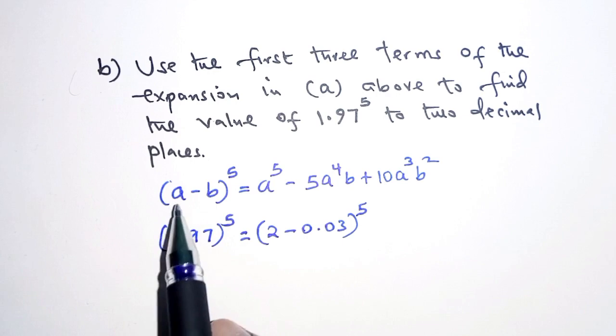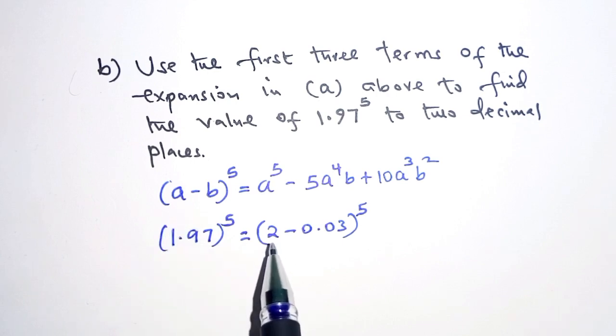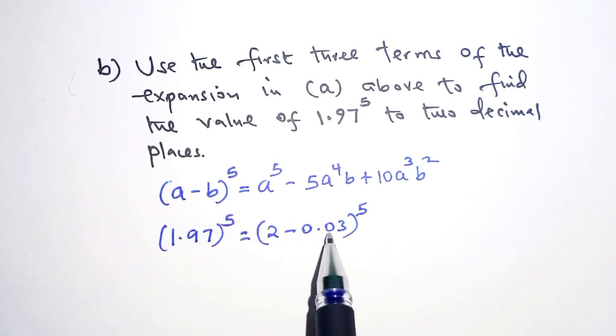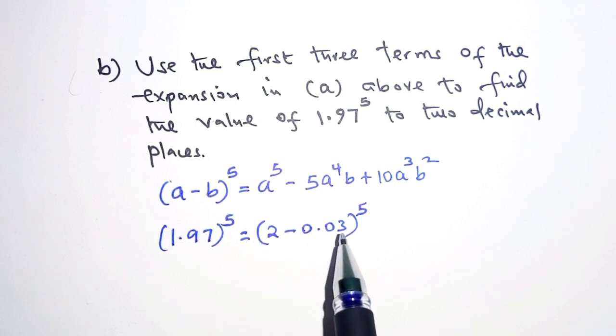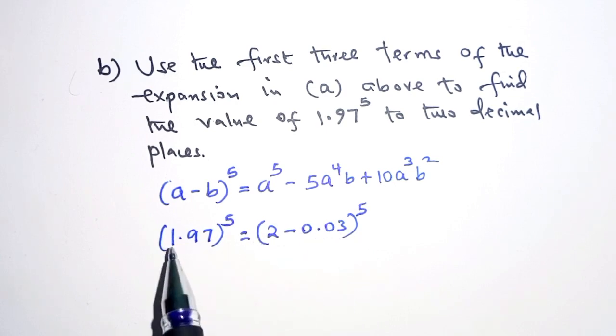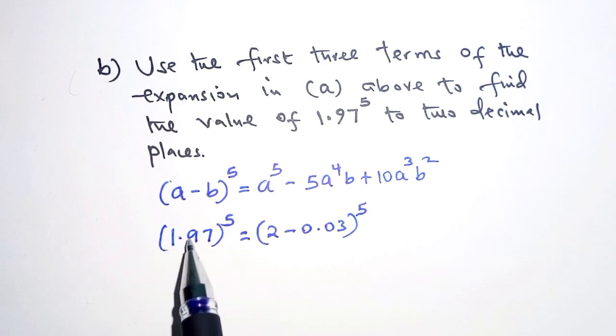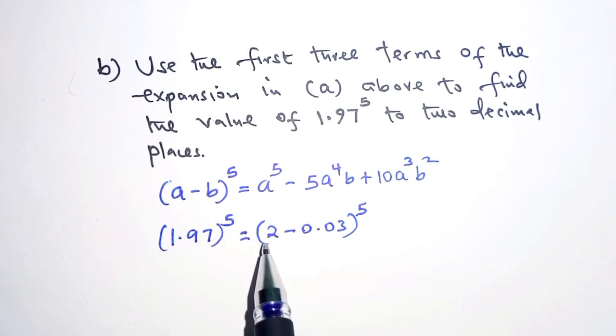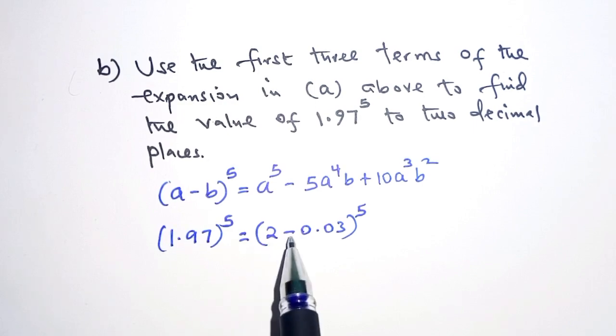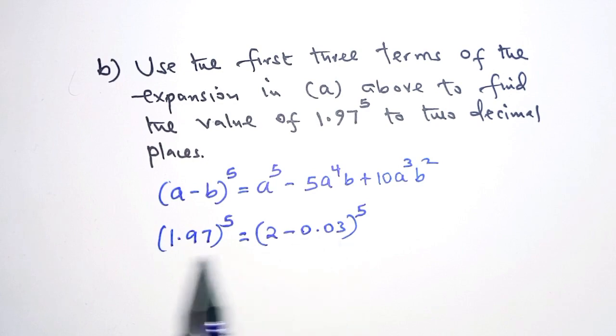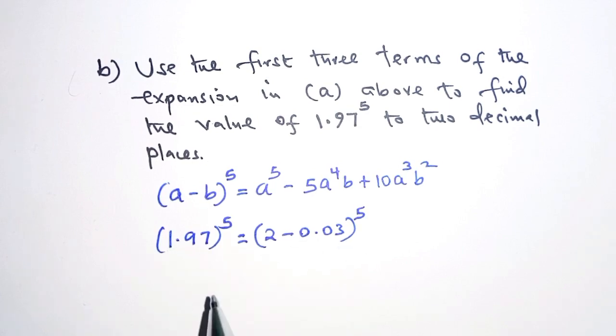So a is 2 and b is 0.03. We determine this by looking at the nearest whole number to 1.97, which is 2, so that 2 − 0.03 gives 1.97.